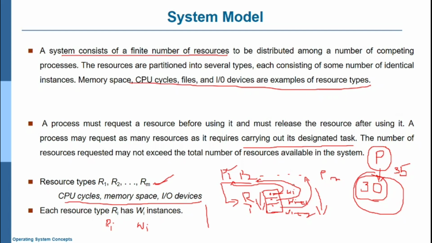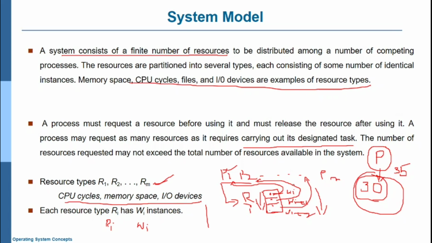Once again, the system consists of a finite number of resources. Depending upon the resource types and their availability, the process has to request the resource types which are available in the system, not more than that. Process must request the resources before using them.